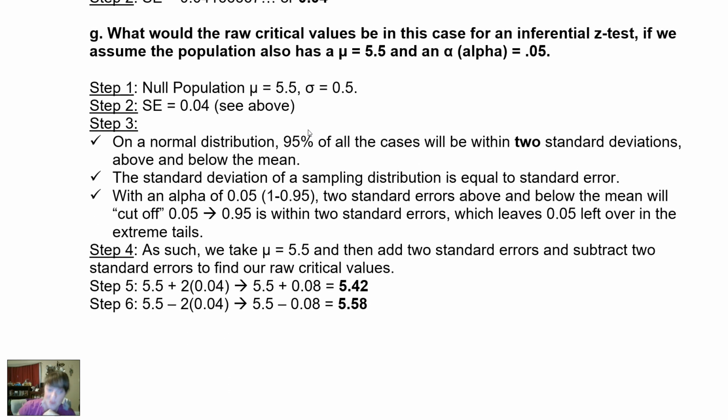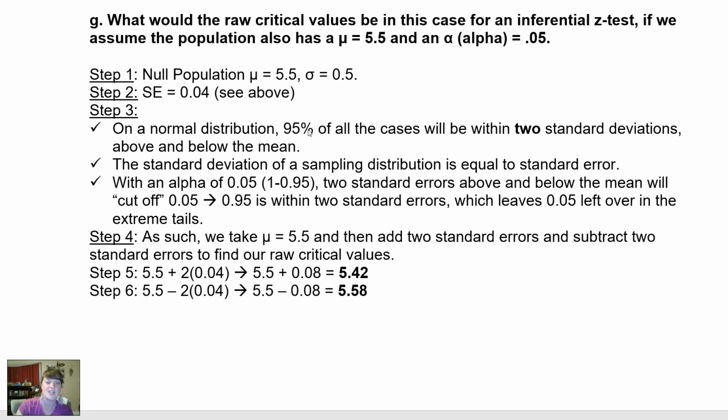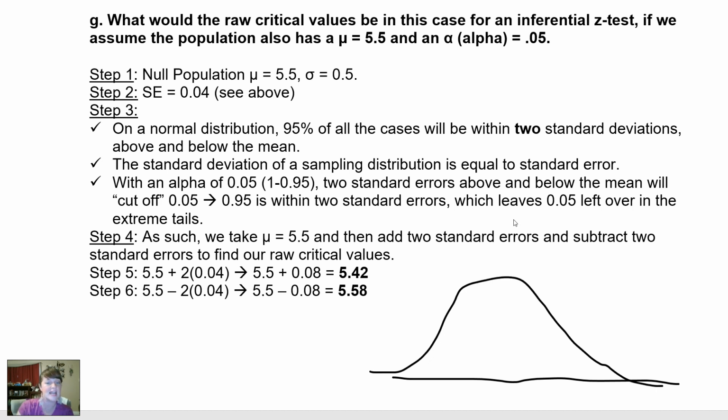If we take it a step further and ask, if I was doing a null hypothesis significance test, what would my raw critical values be if I was using an alpha of 0.05? To refresh your memory, a sampling distribution of the mean is always going to be normal, and you're going to have an infinite number of averages.